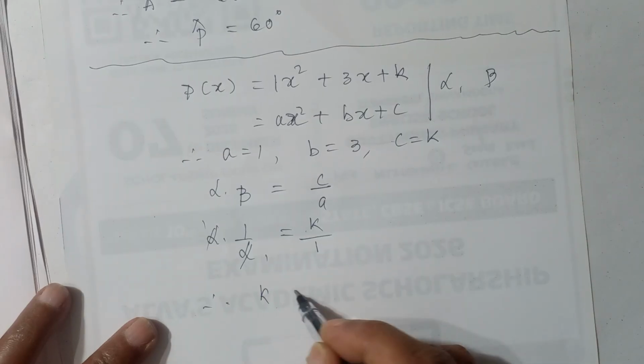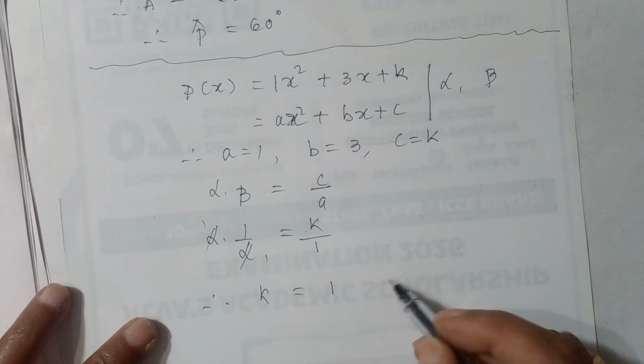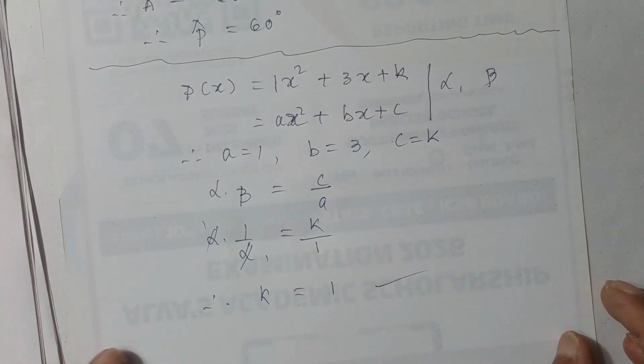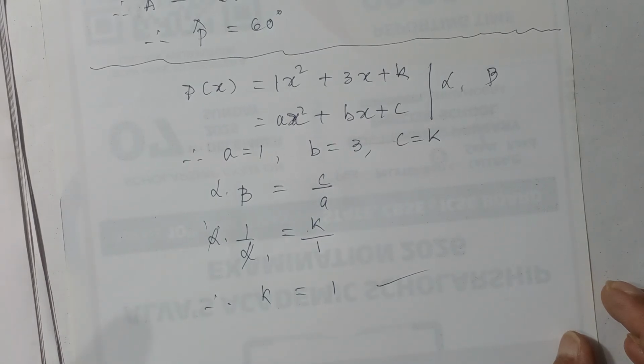Therefore, you get the value of k as 1 by 1, which means 1. In this way, you can find the solution of the second main. Each question carries 1 mark. Very easy. Try to recall what you learned in the classroom, what you heard. You have to listen carefully and try to recall. Surely you will get it.